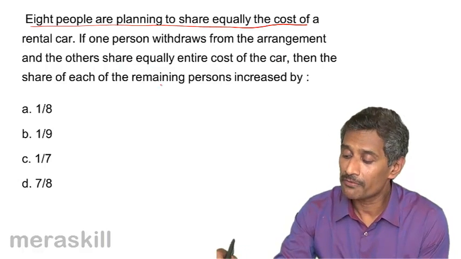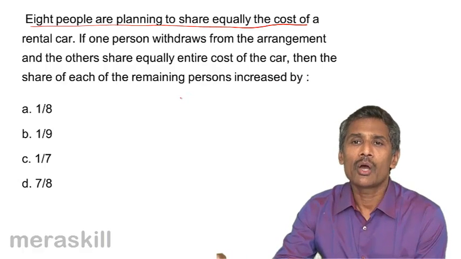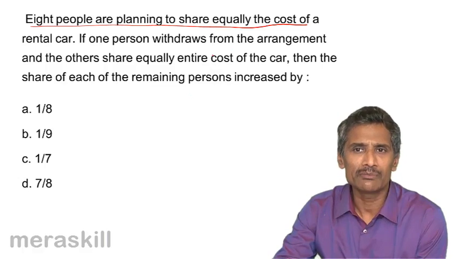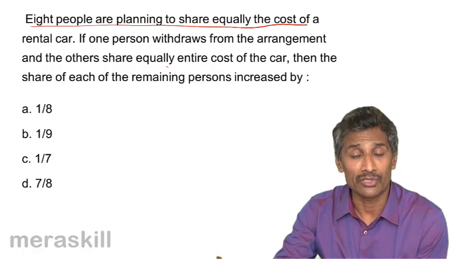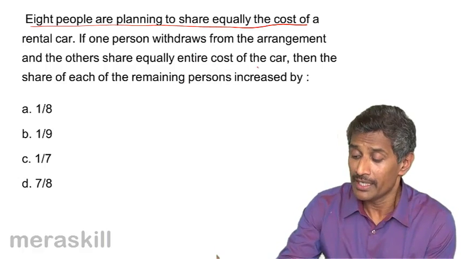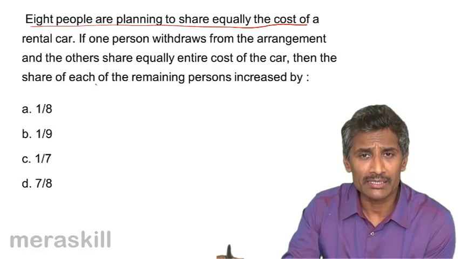Then the share of each of the remaining persons increases by what? Here we can take the total cost as x. You can even take it as 1,000, because again we are going to take a ratio of the final quantities.